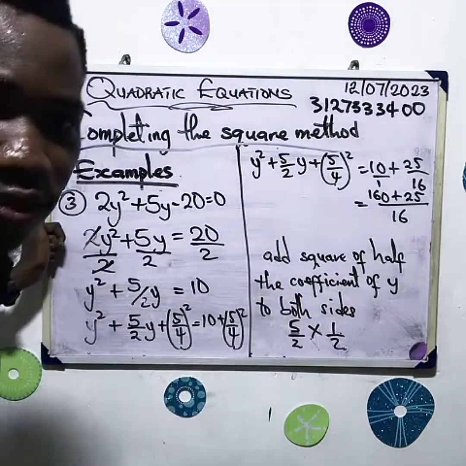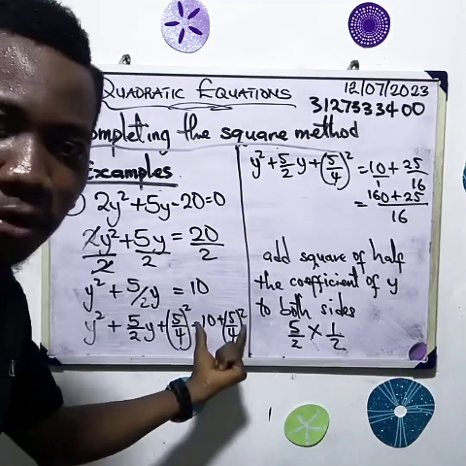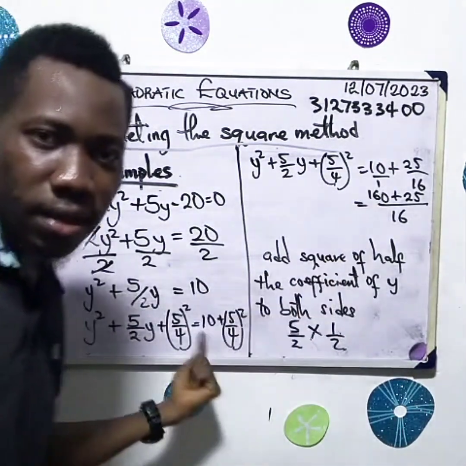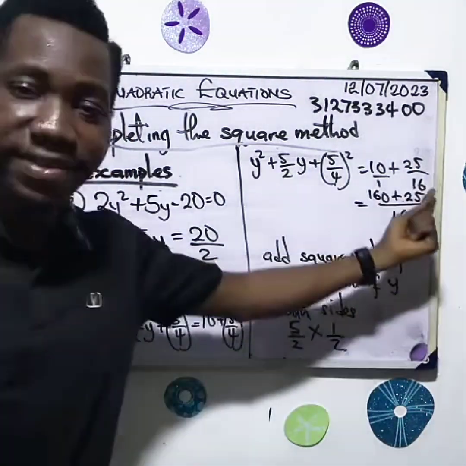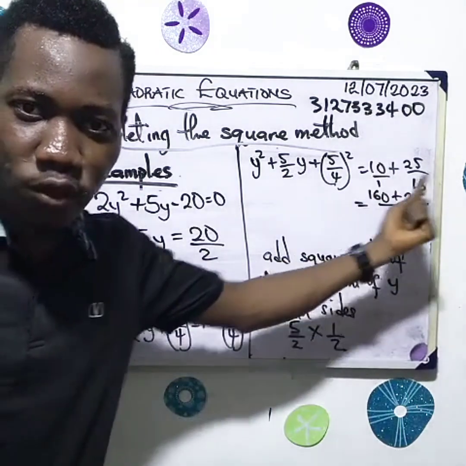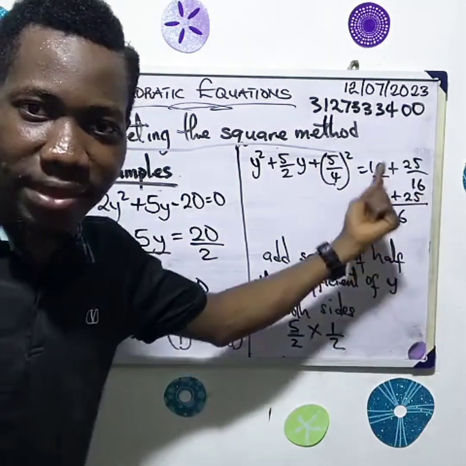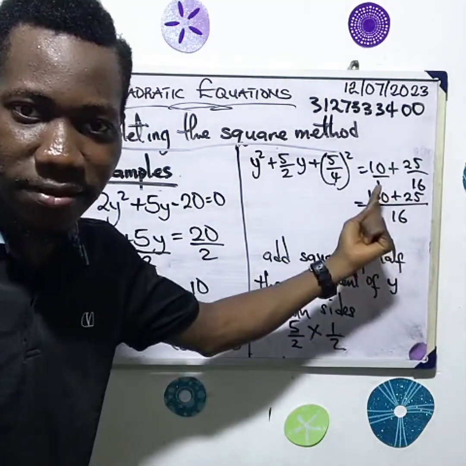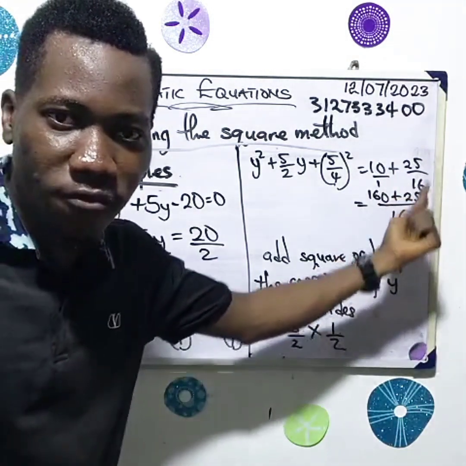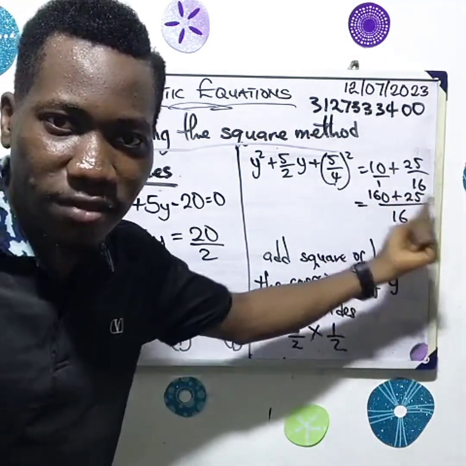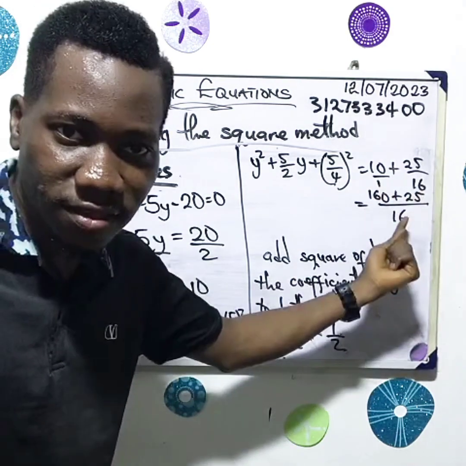Now what's the next thing you're going to do? You want to open this up, right? So 5 squared and 4 squared is 16. So we have 10 plus 25/16. And 10 is the same thing as 10/1. So 10/1 plus 25/16. What's the LCM of 1 and 16? 16.